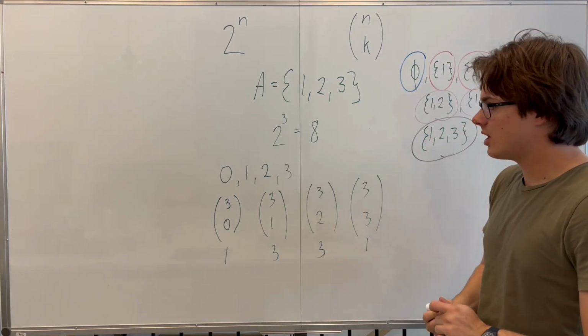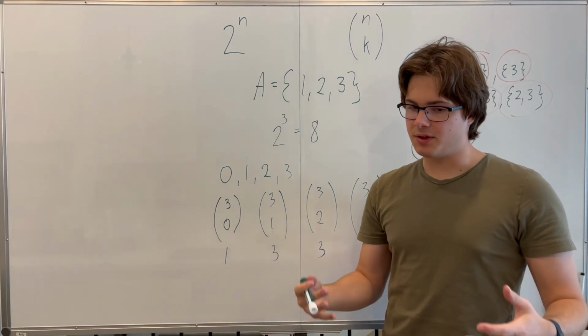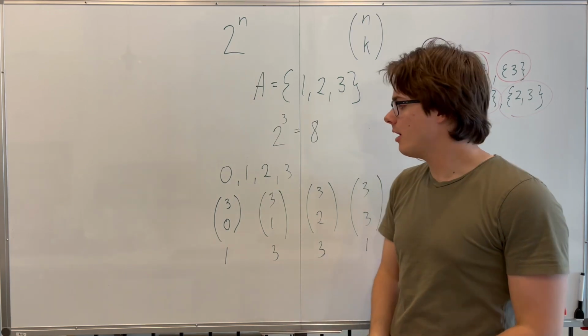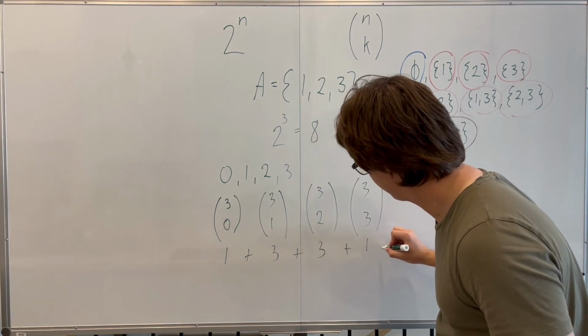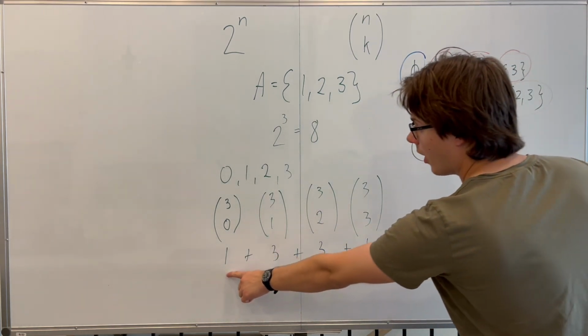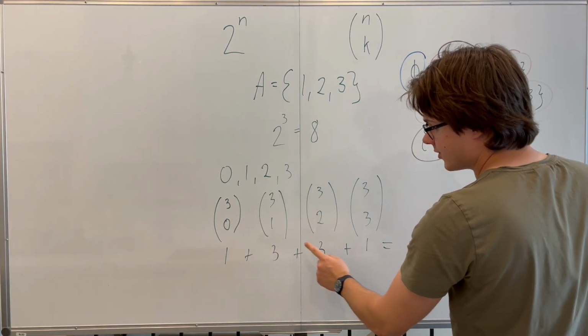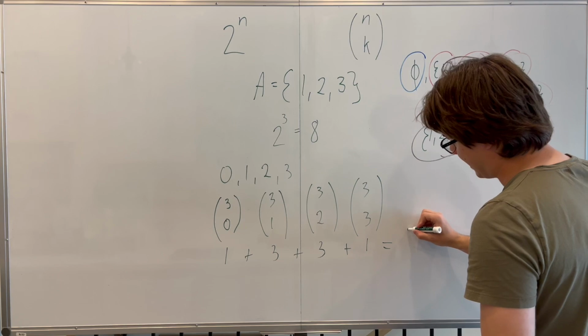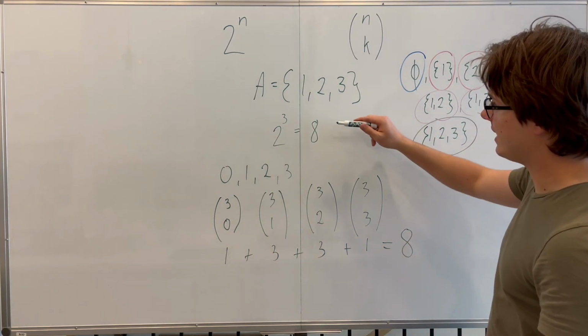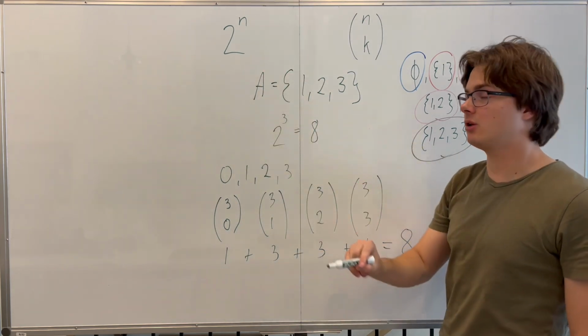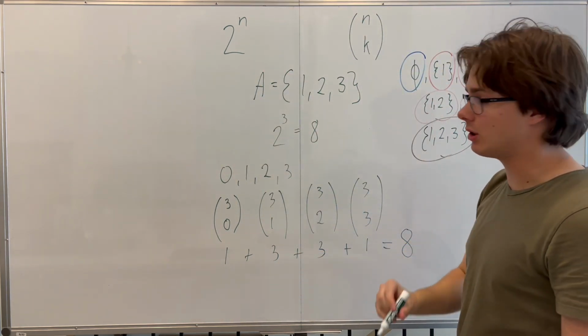And what do we notice? These are all the ways you can pick something out of A. If you add all of these up, you get 1 plus 3 is 4, plus 3 is 7, plus 1 is, in fact, 8. So what did we just find? We found the exact same answer we did with our top formula, using our choose logic.